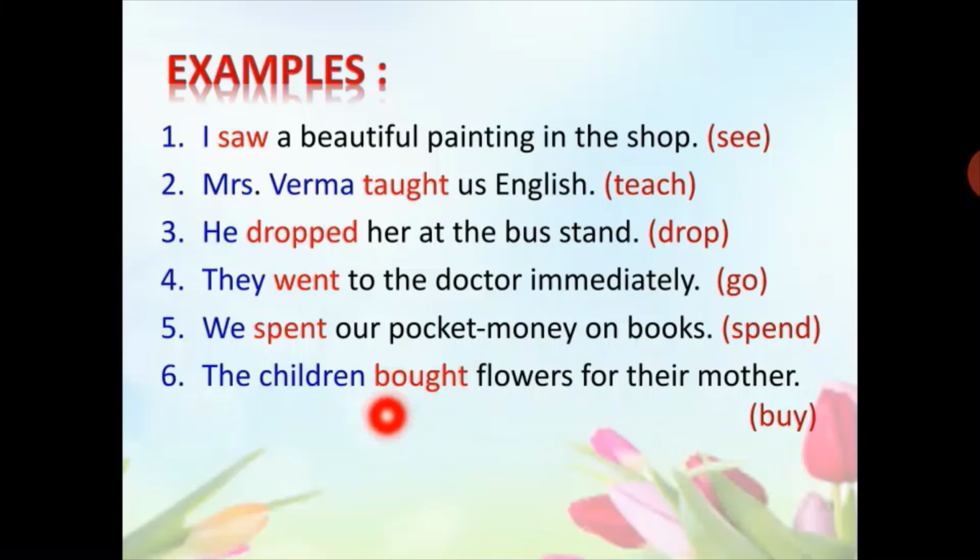Here, in this sentence, bought is the past form of buy. Here, buy is the present form of verb, that is V1, and bought is the past form of verb, that is V2. So, all these sentences are examples of simple past tense. And we can see that in these sentences, the past form of verb is used.